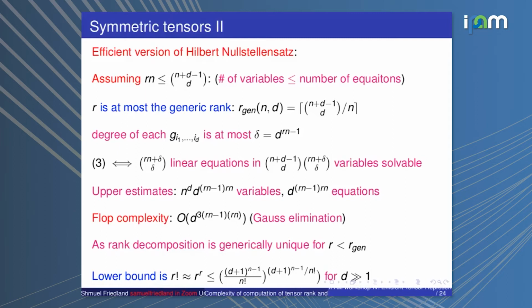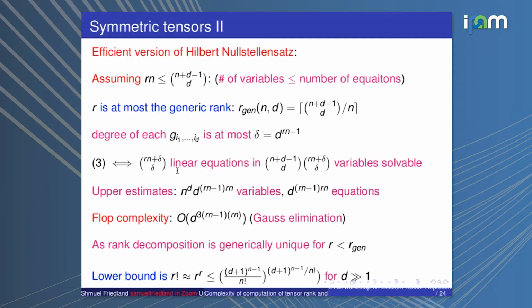So now, how many linear equations do we have? I'm now at equation number 3, or line number 5. We have Rn plus delta, choose delta linear equations. And the number of variables is the number of polynomials times the coefficients in each polynomial. I expand each polynomial g_{i1...id} in terms of its coefficients times the monomials.